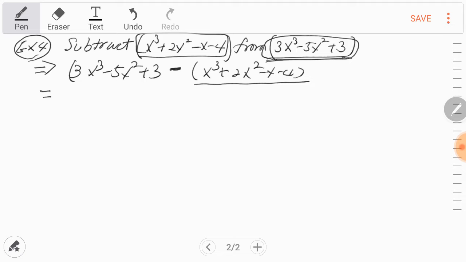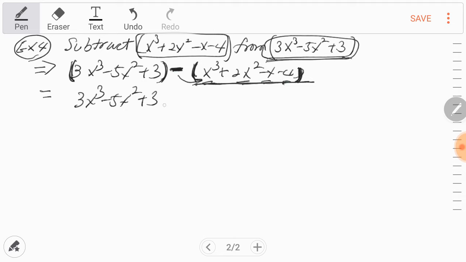Okay, subtract this polynomial from this polynomial. Okay, then we can remove this parenthesis, 3x cubed minus 5x squared plus 3. And we've got to remove this parenthesis. But in this case, this is multiplied by a negative sign, you know, the opposite of something. So we got to multiply each term inside the parenthesis by negative.